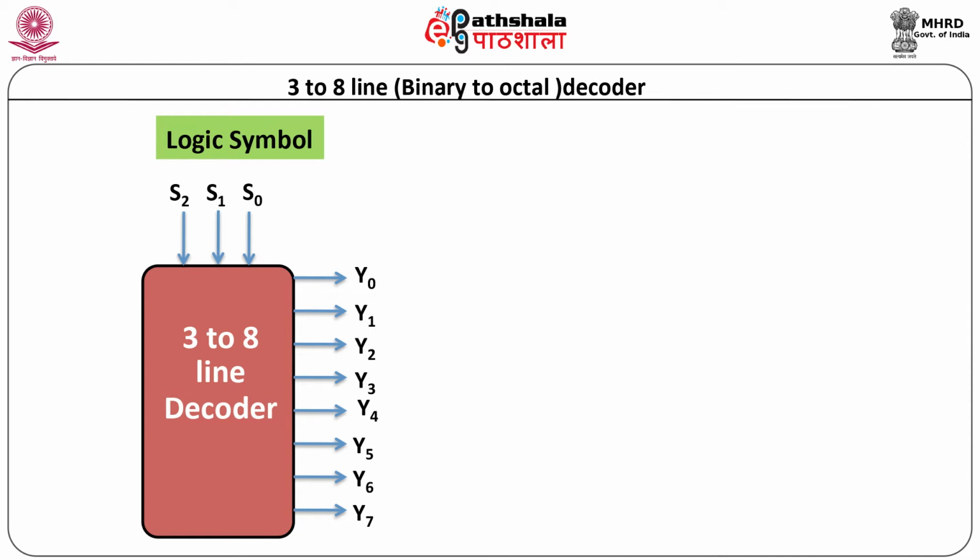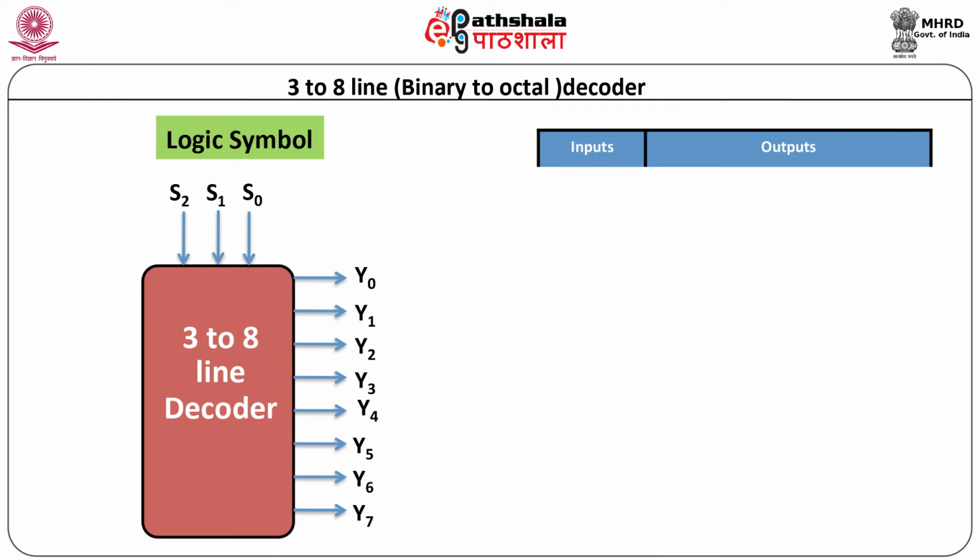The logic symbol of 3 to 8 line decoder has 3-bit binary inputs, namely S2, S1 and S0. These 3 binary inputs provide 8 possible outputs, namely Y0, Y1, Y2 up to Y7. Let us now generate the function table of 3 to 8 line decoder with active high outputs.